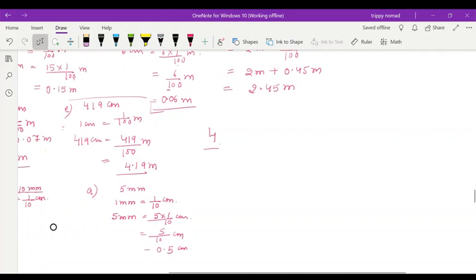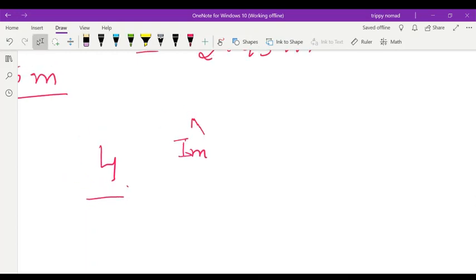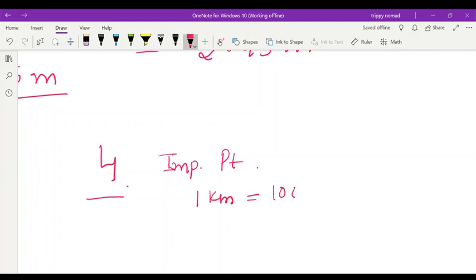Let us start. What is that? 1 kilometer is equal to 1000 meter. And 1 meter is equal to 1 upon 1000 kilometer.